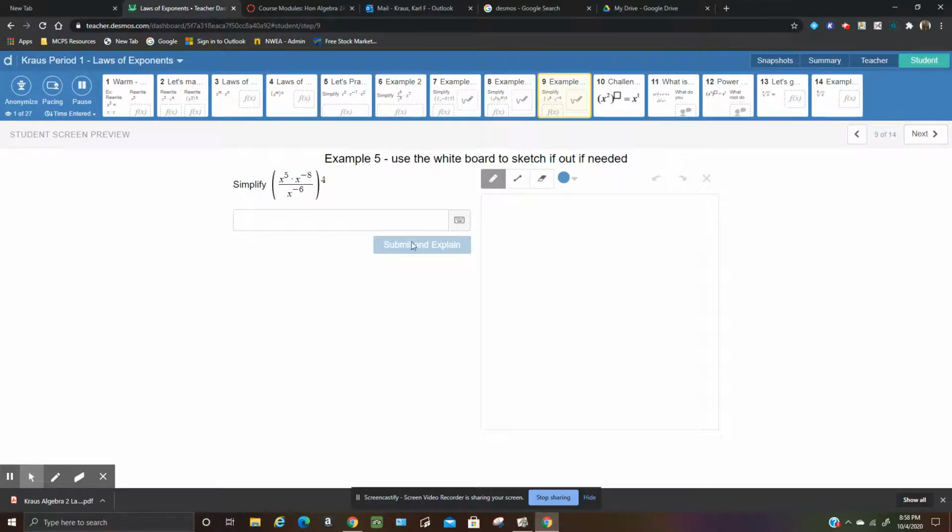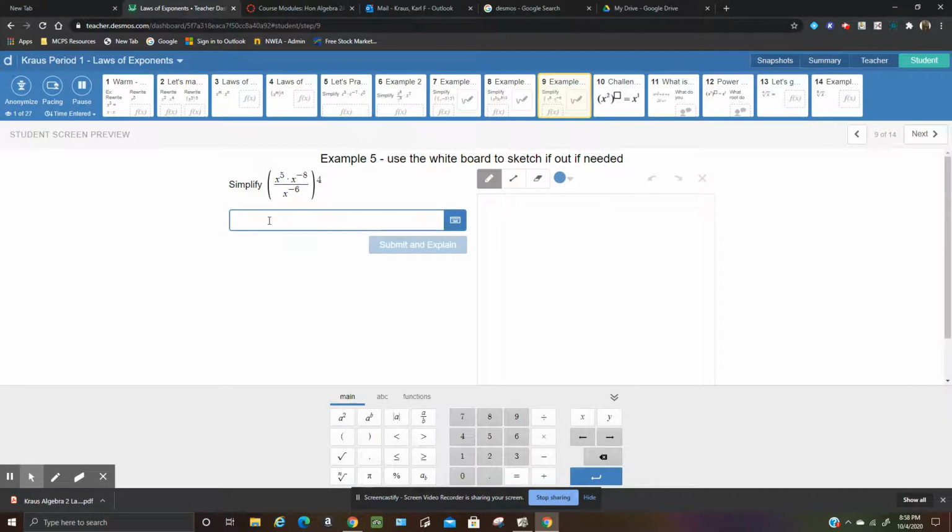And then this one, you could do what's inside the parentheses first. So first do the numerator. So fraction bar, x exponent negative 3, and then x exponent negative 6. And that whole thing to the 4th power.